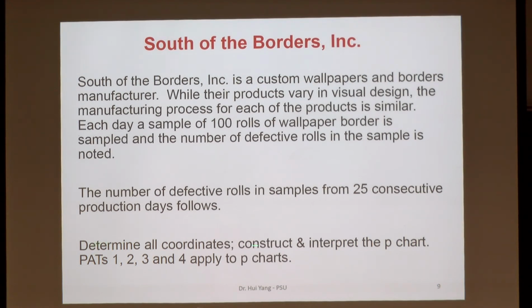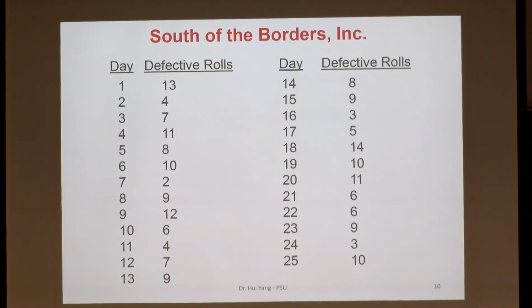Now we need to determine the control limits for the P chart. So here, this is day 1. I take 100, and 13 of them are defective. Day 2, I take 100 rows, 4 of them are defective. And then day 25, I take 100, and 10 of them are defective.